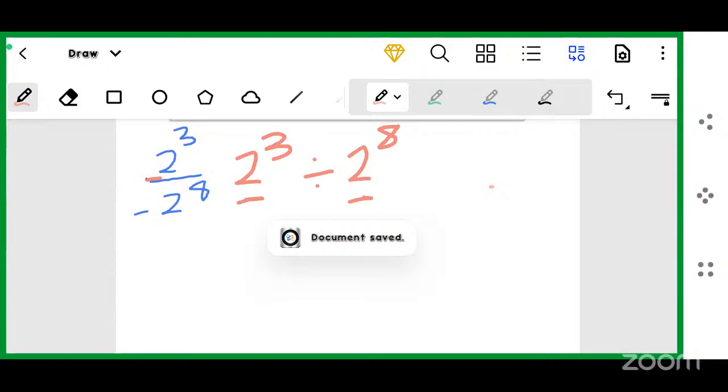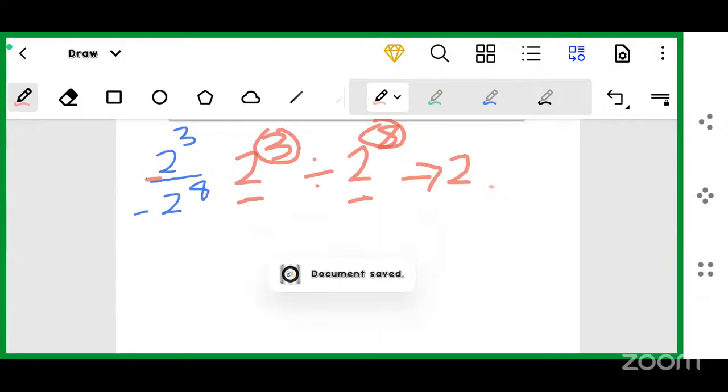Since we have two similar bases, the rule says that we can subtract the exponents. So we write 2 to the power of 3 minus 8. On your side, what is 3 minus 8? -5. Perfect. So you write 2 to the power of -5.